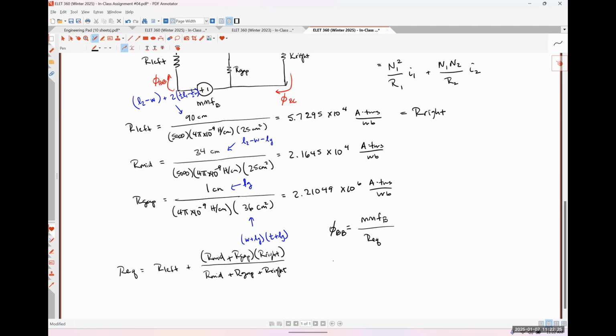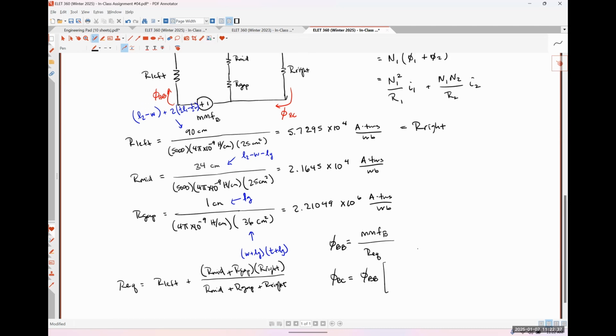Now we would do phi BC using current division, which would just be phi BB times, realistically, I could write this as 1 over R right, over 1 over R mid plus R gap, plus 1 over R right.